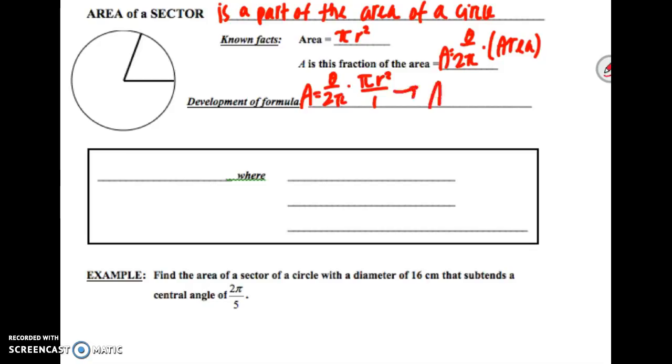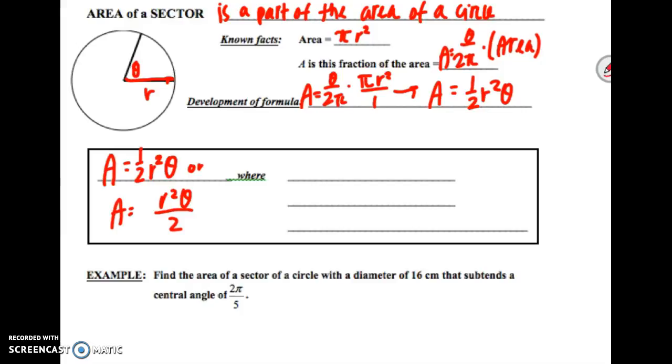After simplifying, we are left with A equals 1/2 r squared theta, again where theta is our central angle and r is our radius. So our new formula is A equals 1/2 r squared theta, or A equals r squared theta over 2.